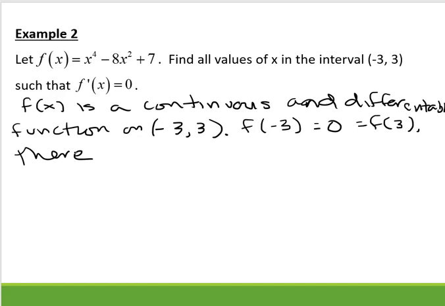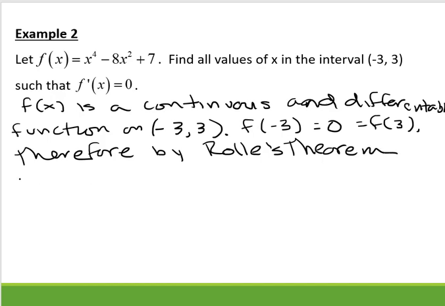Therefore, by Rolle's theorem, there must be a value where f prime of that value equals 0.